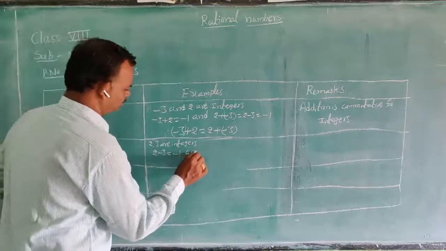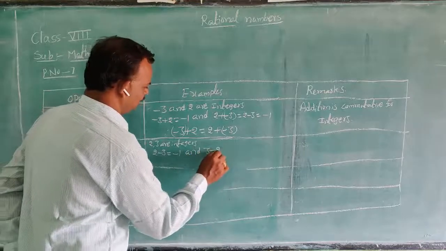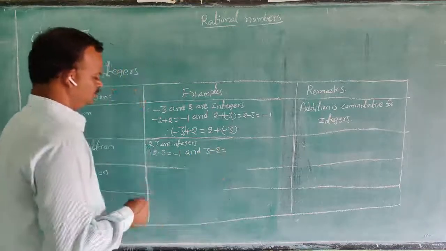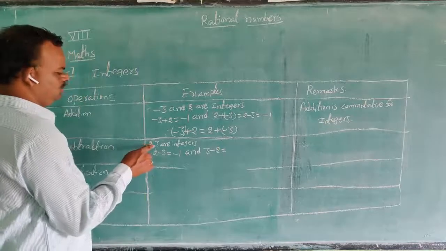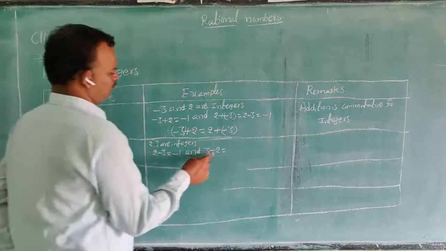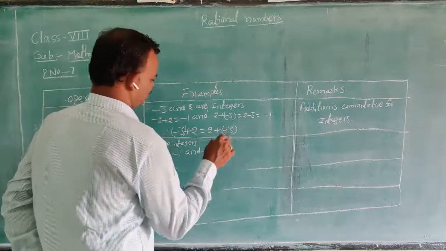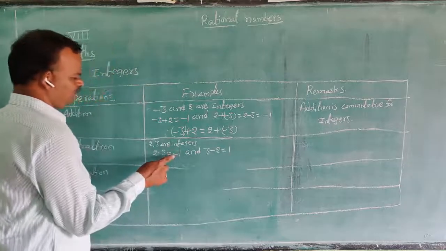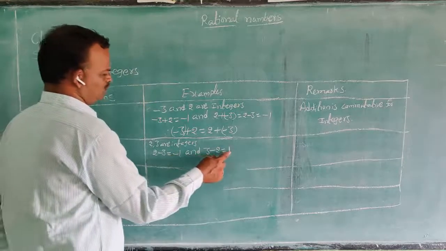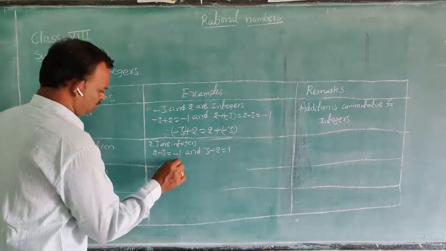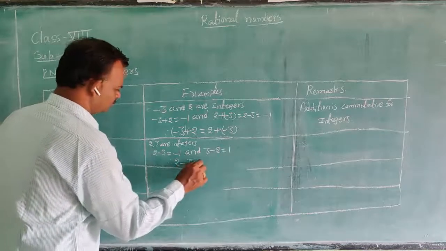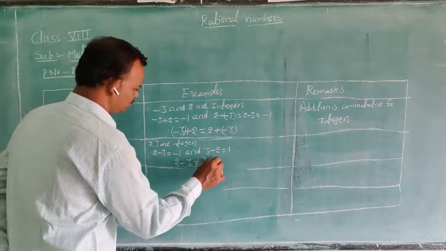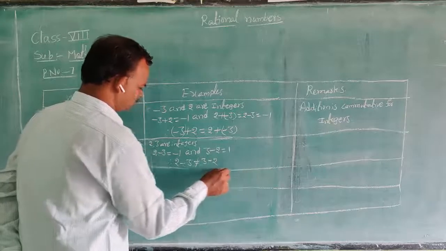2 minus 3 is equal to -1, and we are changing the order. 3 minus 2 is equal to 1. Here the value is -1 and this value is 1, so they are not equal. 2 minus 3 is not equal to 3 minus 2.